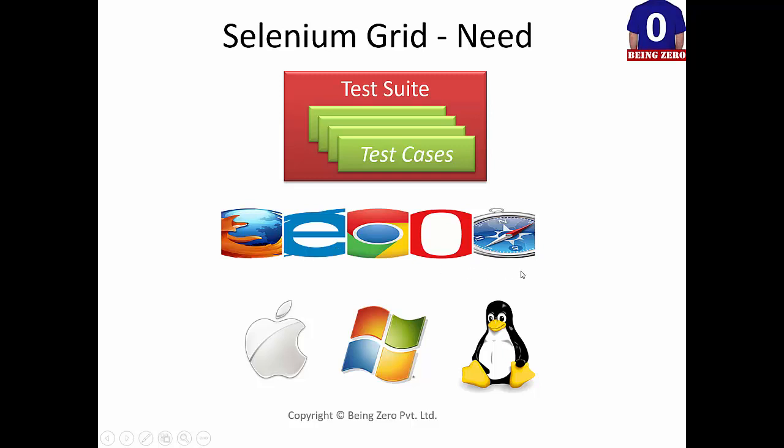If we want to run all these test cases, one option that we have is all the test cases that we want to run with Firefox, we can schedule on our dev box, our machine, and Safari related test cases we go and schedule on someone else's machine which is a Mac machine. But that way also it is going to take huge effort from our side, because we are copying all our test suite, all our binaries, and we are taking it to another person's machine.